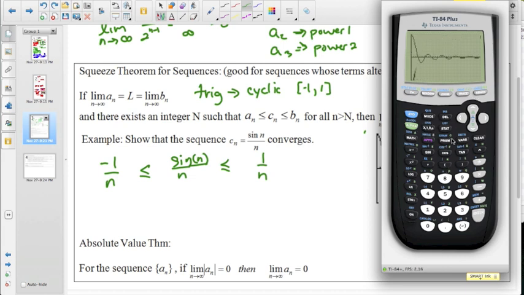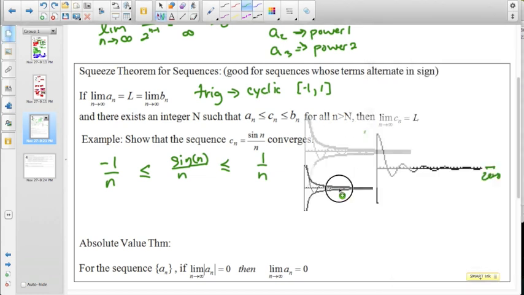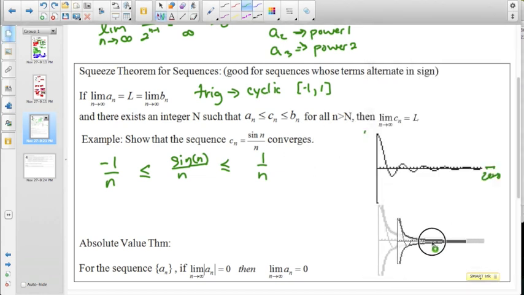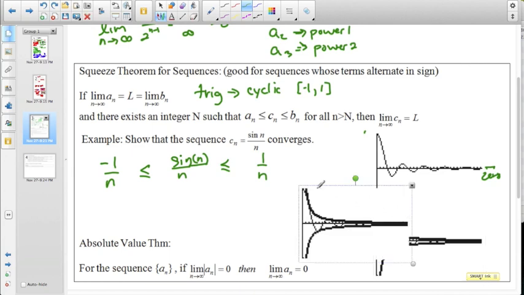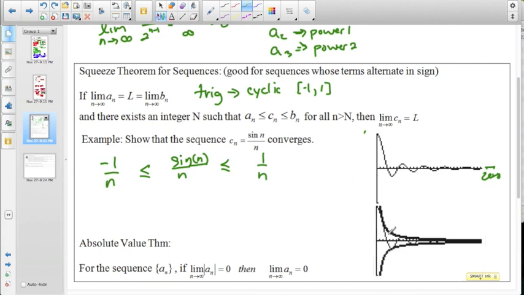As we graph those, we can see there's our -1 over x, there's our +1 over x, and we can see that those two functions trap, so to speak. This is my 1 over n, this is my negative 1 over n, and those two things trap sine of n over n.